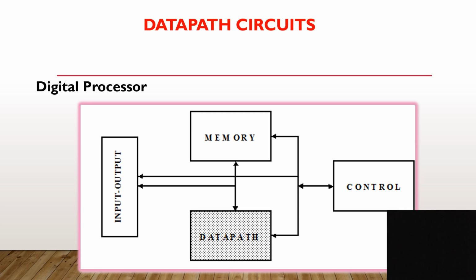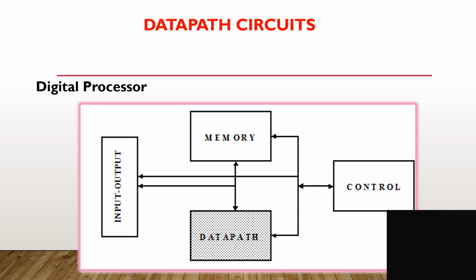First of all, we have to know what a data path unit is, because in any digital processor, there are four important modules: IO blocks, memory unit, data path unit, and control unit. Out of these four, the data path unit is a very important block, because all the computations are performed in the data path unit by getting the data from the IO blocks.